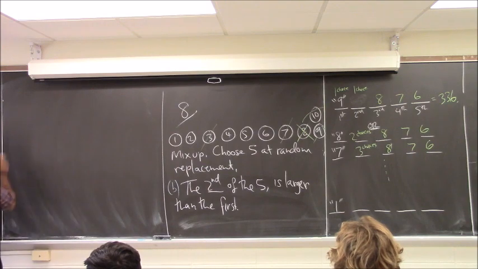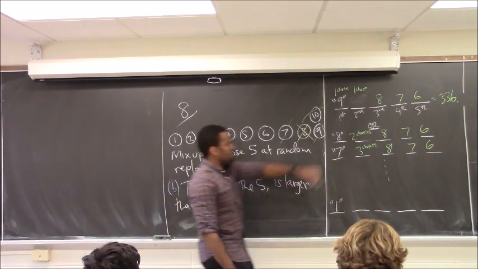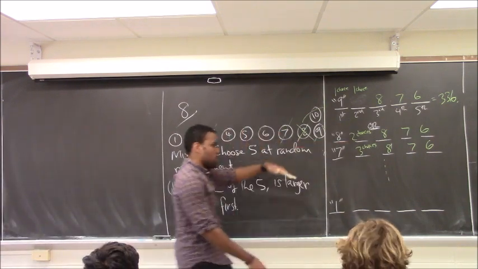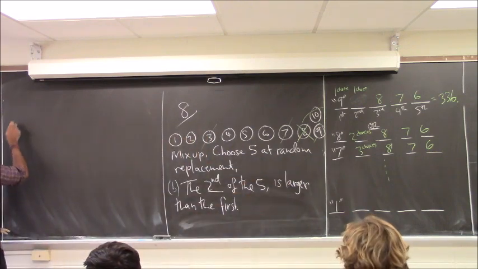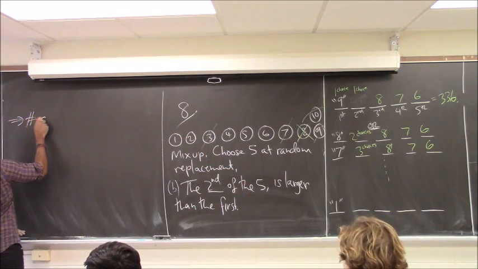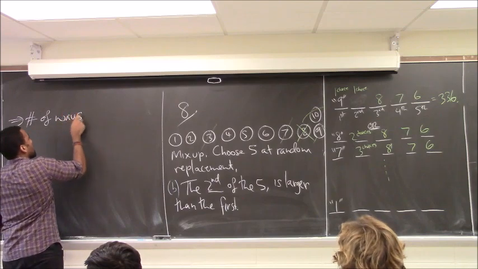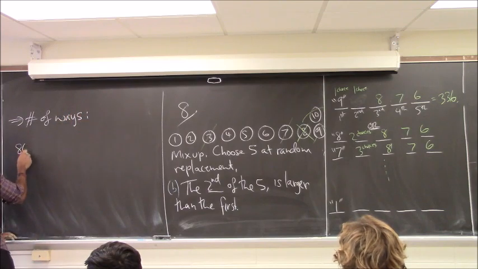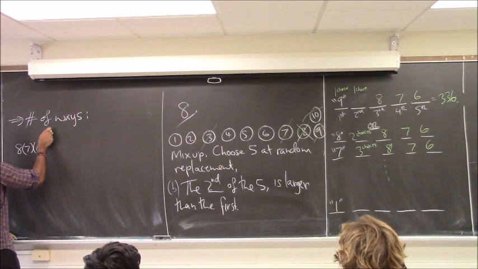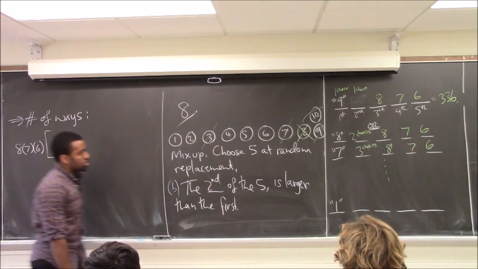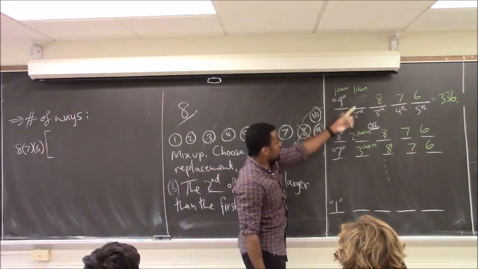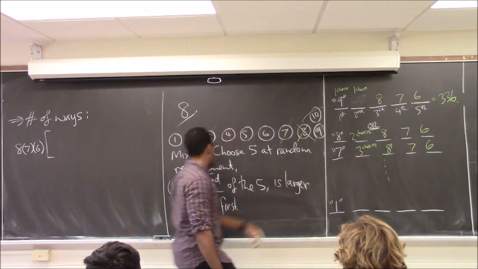We also remember from last time that the exclusive OR is just you add them together. So this means that the number of ways is going to be 8 times 7 times 6 times the 1 plus the 2 plus the 3 plus the 4 plus the 5.